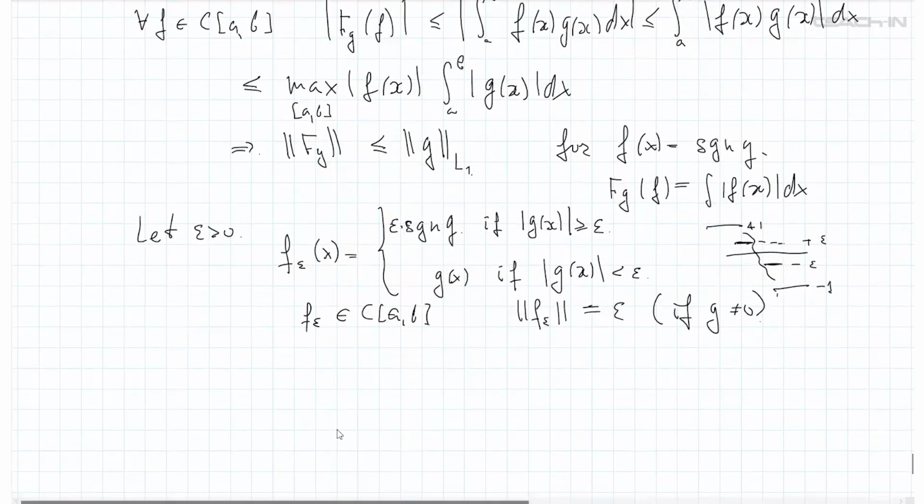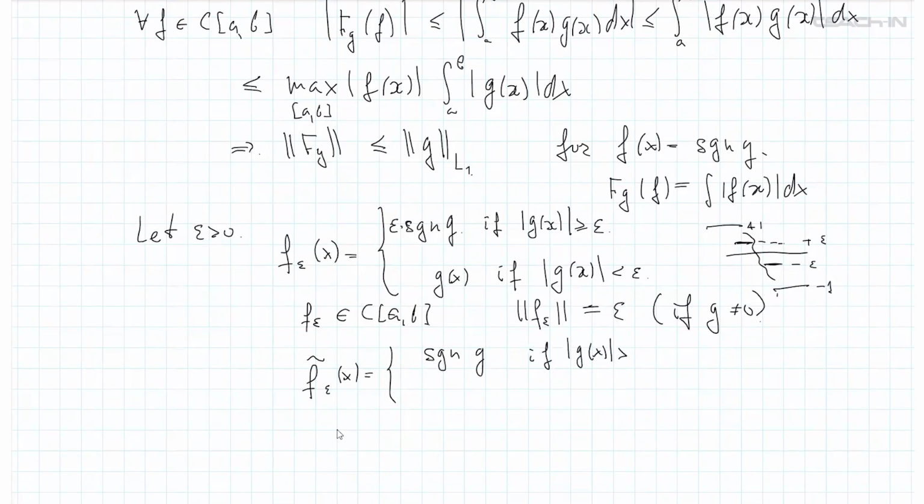I take the new function f tilde epsilon of x equal to signum g of x if the modulus of g of x is not less than epsilon, and g of x divided by epsilon if the modulus of g of x is less than epsilon. It's just f epsilon divided by epsilon. Then the norm of function f tilde epsilon equals 1. Yes?